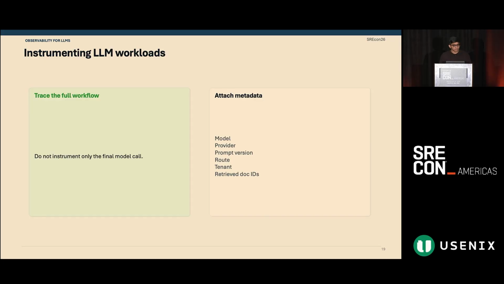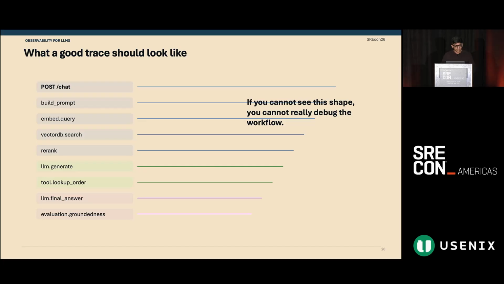And for the entire trace, we should attach metadata such as model name, provider, prompt version, the route the request took, the tenant, and retrieved doc IDs. So this is how a good trace should look. It should show the entire story of the request. Instead of just monitoring the endpoint, we are monitoring the entire flow of the application.